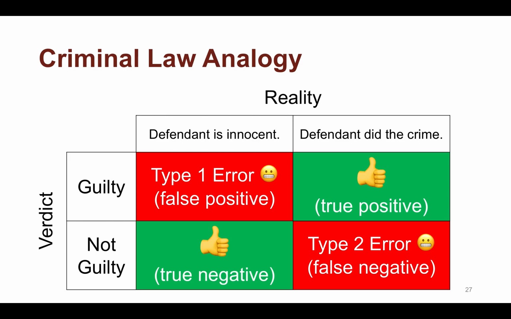If the defendant did the crime, but the jury finds them not guilty, basically you're setting someone free, or you're not sentencing someone who actually did do the crime, and that would be known as a type 2 error. And so then obviously you have the two correct decisions: guilty if they did the crime, not guilty if they are innocent.